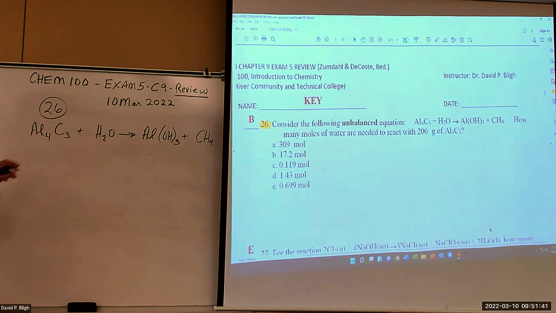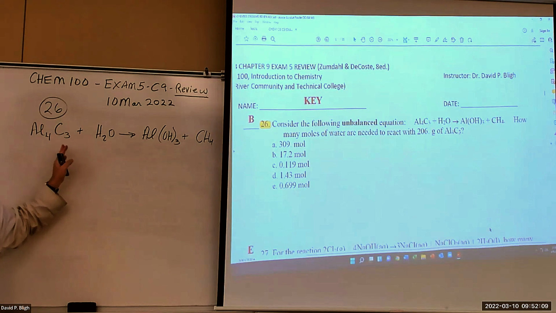This is one of those cases where carbon, remember if you work from the right and you go halogens, chalcogens, pnictogens, carbon group, you would expect to see -1, -2, -3, -4 for carbon if you go that way. But if you go from the left, you would say +1, +2, +3, +4. So carbon's in the middle.